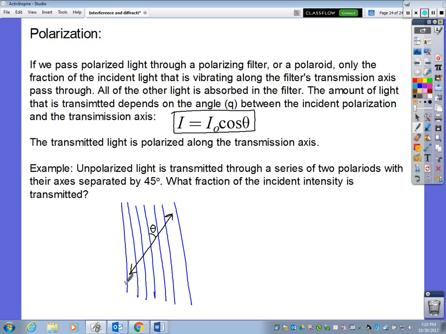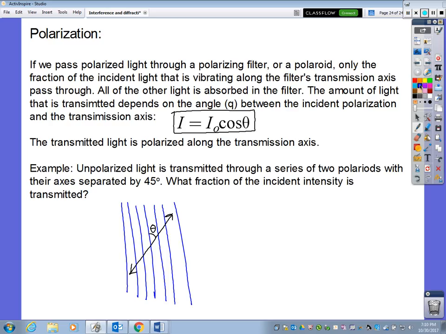So we've got one example here. Unpolarized light is transmitted through a series of two Polaroids with their axes separated by 45 degrees. What fraction of the incident intensity is transmitted? So the first step, we start with unpolarized light being transmitted through a polarizing filter.